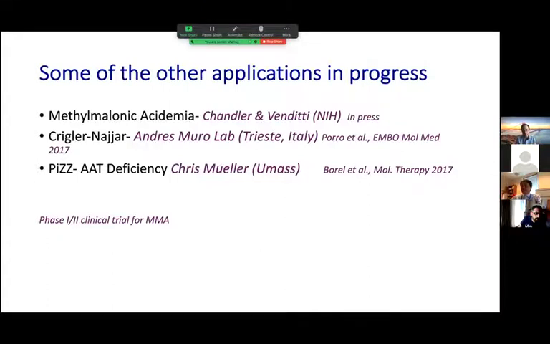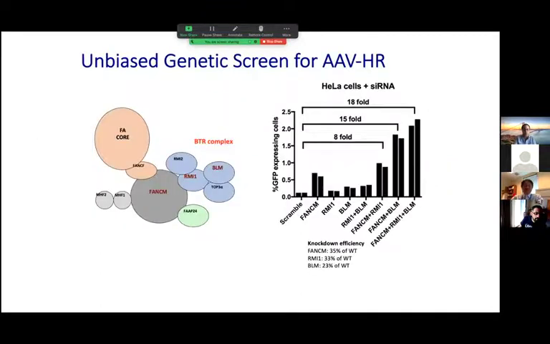This data will be published soon. There's actually a phase 1/2 clinical trial that will start soon. Crigler-Najjar, again, a lot of this data has come from Andrea Muro's lab in Italy, and also alpha-1 antitrypsin deficiency.